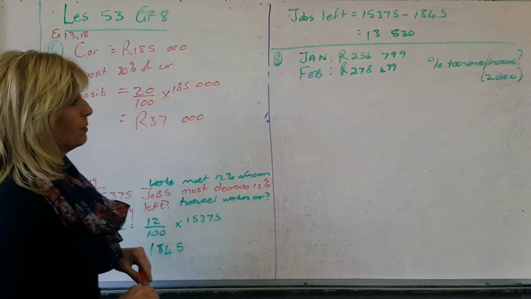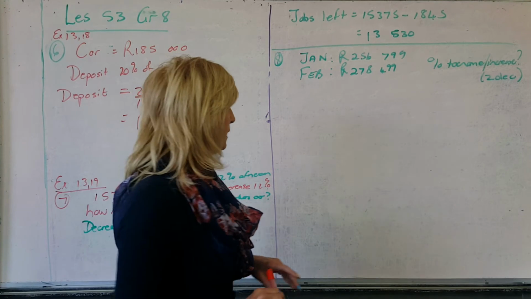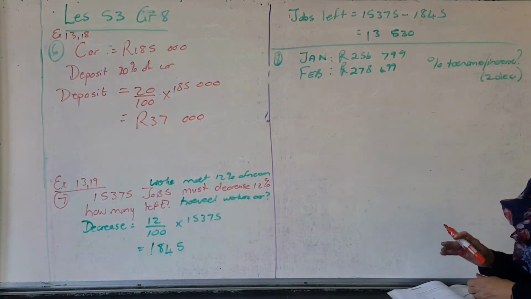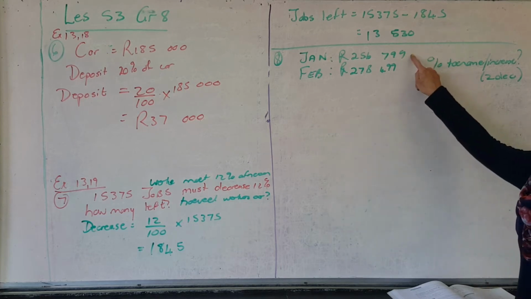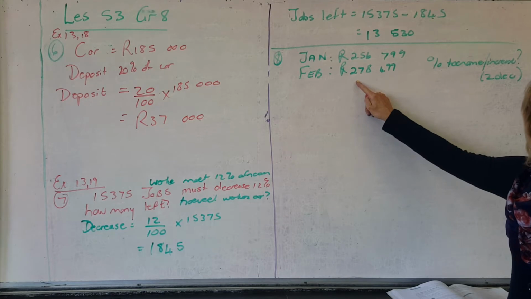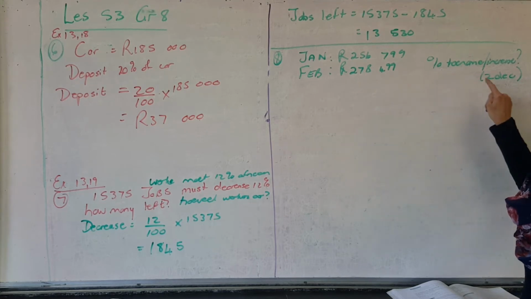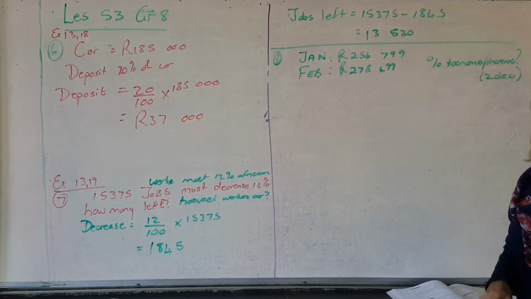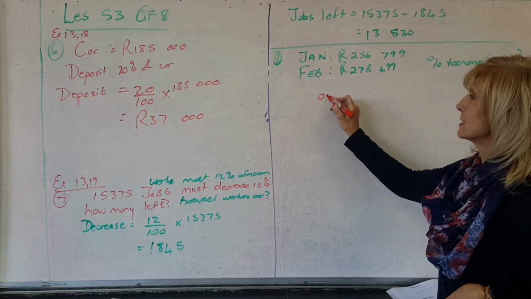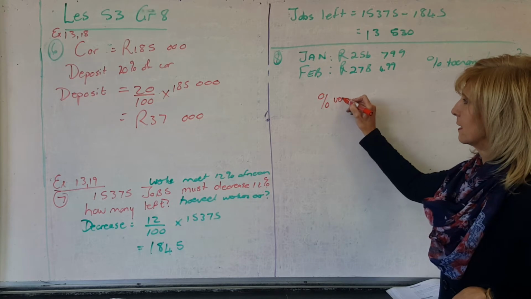Die vraag nommer 8 het gevra, daar's 'n kar of 'n ding wat ek dink dit was 'n kar, let me just check it was a car. The price of a new motor car in January was that, and in February it's higher. They want to know what is the percentage increase in these 2 months. Wat moet jy onmiddellik aan gaan kyk, soos gister se voorbeeld? Dit is die persentasie verandering.